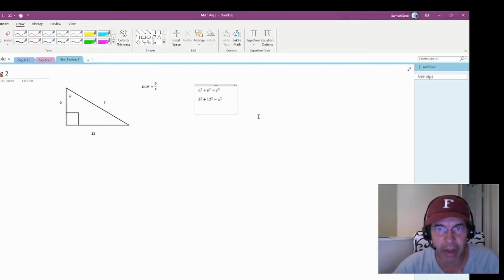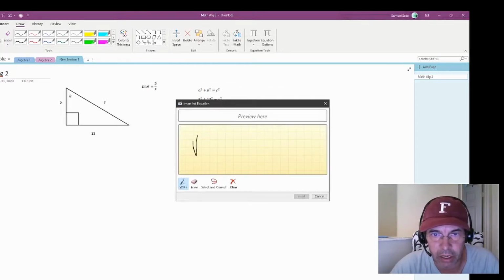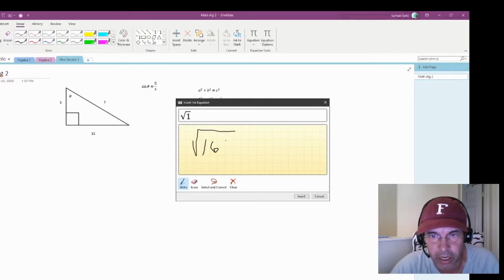Then you could do the math on the keyboard. It's nice and neat. So you got 25 plus 144 equals 169. If you hit enter, it automatically does it. But then you have to take the square root of this. So you can do ink to math and say the square root of 169.